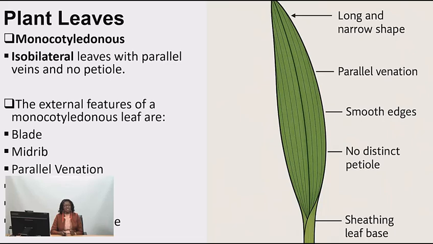The external features of a monocotyledonous leaf are the blade, the midrib, the parallel veins that you see, the sheathing at the leaf base, the smooth edges, and it has no distinct petiole.